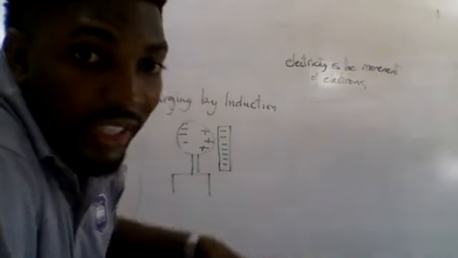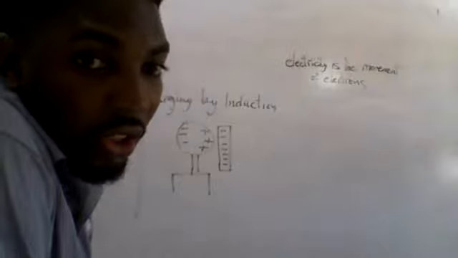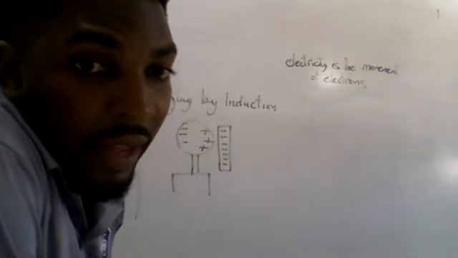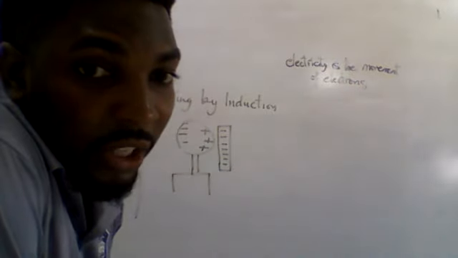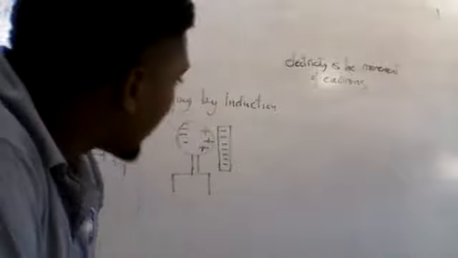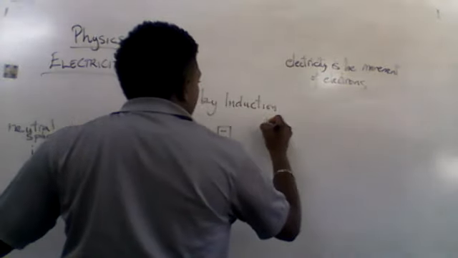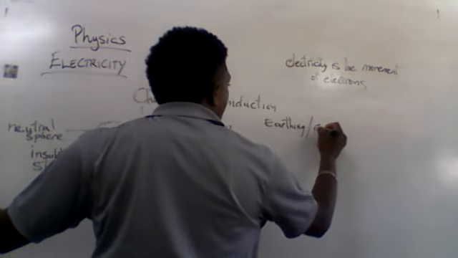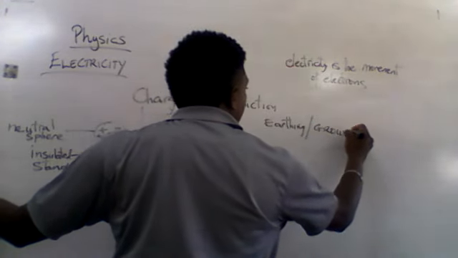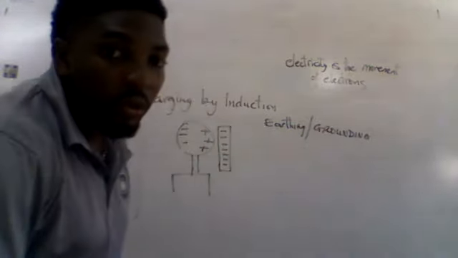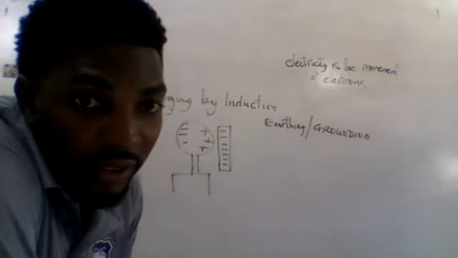Good? So we want to see how it becomes positively charged. As I mentioned a minute ago, the key element in charging by induction is the term known as earthing or grounding. So we want to earth the charges.